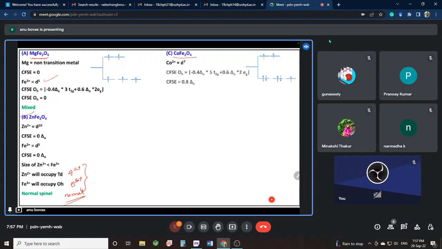Co2+ means D7. CFSE is 0.8 delta O. It is a simple equation, we can calculate, and Fe3+ we already calculated, CFSE is 0. Now in this case, CFSE of A2+ is greater than CFSE of B3+. In that case, what will be the spinel?